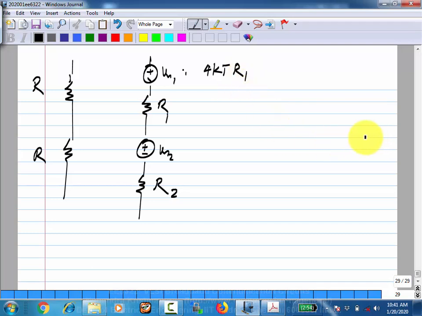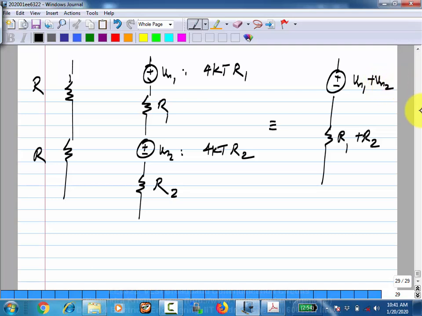This is 4kT times R1. The spectral density of Vn2 is 4kT times R2. And obviously this can be represented as a single resistor R1 plus R2, and this is Vn1 plus Vn2. What is the spectral density of this?